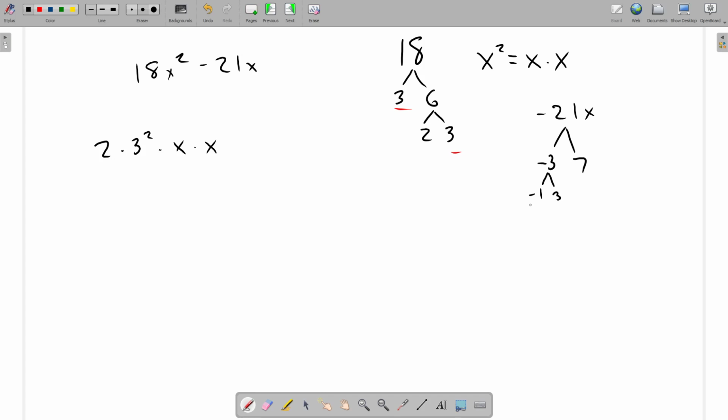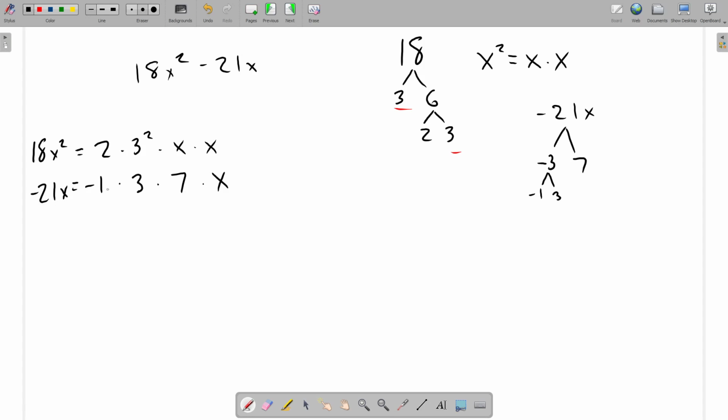I want to make sure that I get that negative out of here and get it as a negative 1. So I can rewrite negative 21x as negative 1 times 3 times 7 times x. So this top one is 18x squared. This bottom one is negative 21x.